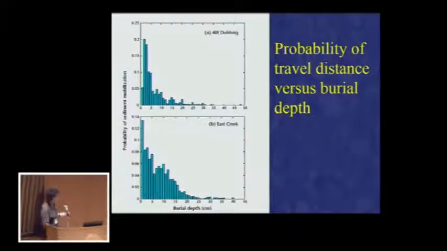And again, burial depth matters quite a lot, because if we think about the probability of sediment mobilization, in these two creeks you can see that many of the deep particles remain in their place for quite some time, and this is very important for the bed surface evolution.